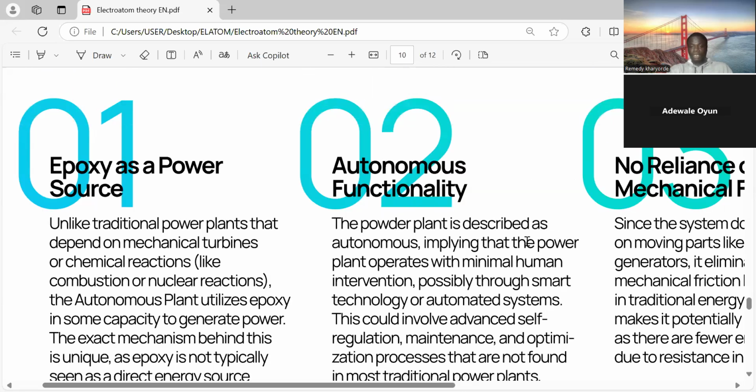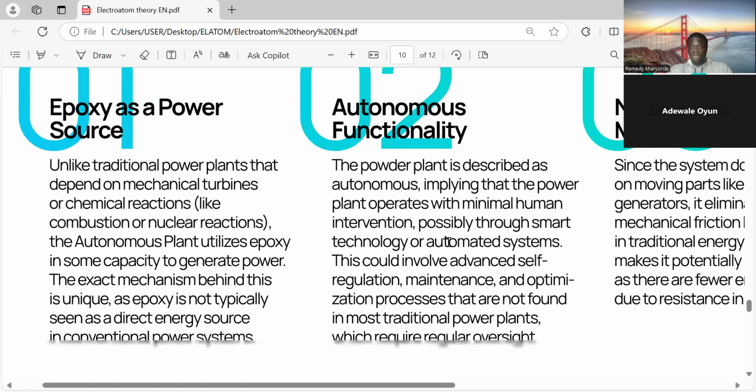The second is autonomous functionality. The power plant is described as autonomous, implying that it operates with minimal human intervention, possibly through smart technology or automated systems. This could involve advanced regulation, maintenance, and optimization processes that cannot be found in most traditional power plants, which require regular oversight.